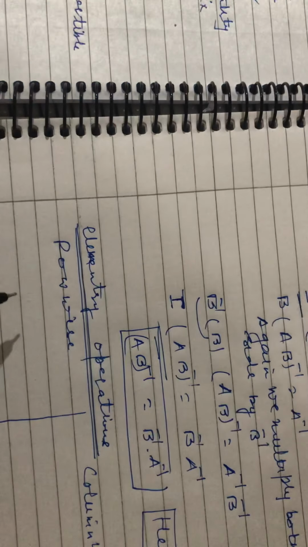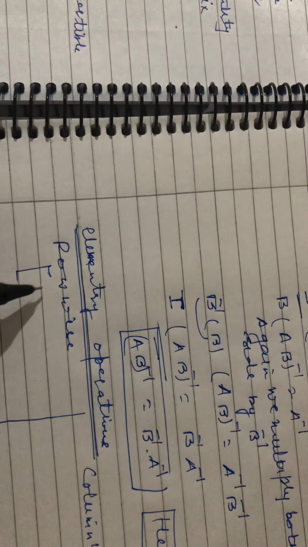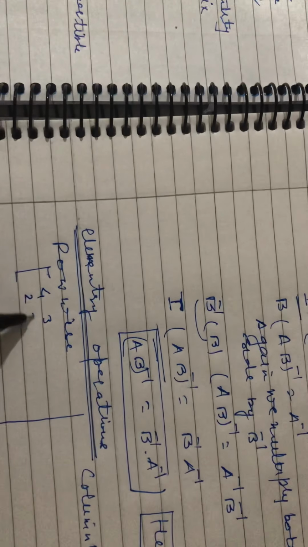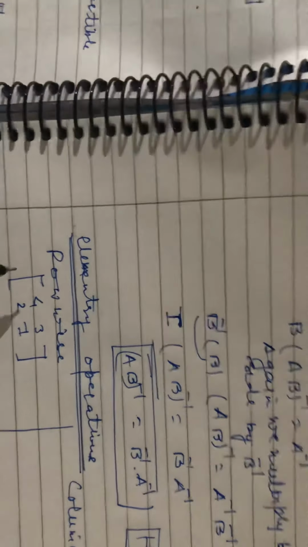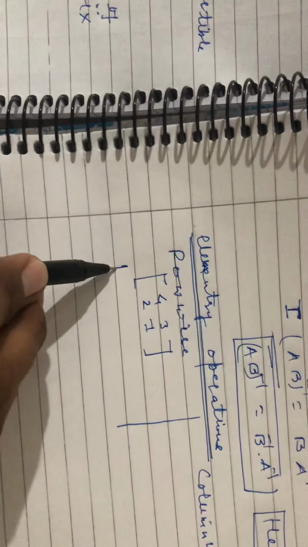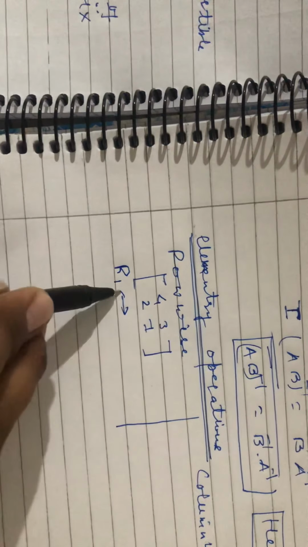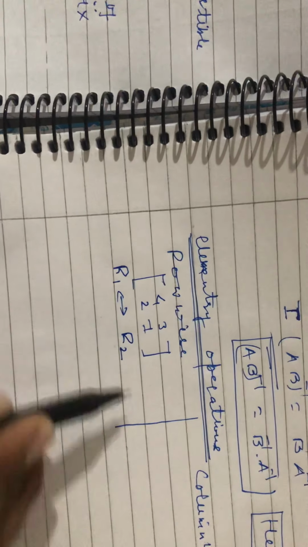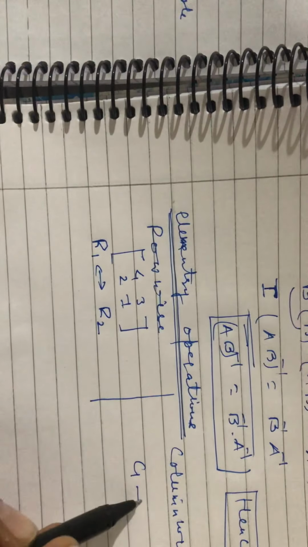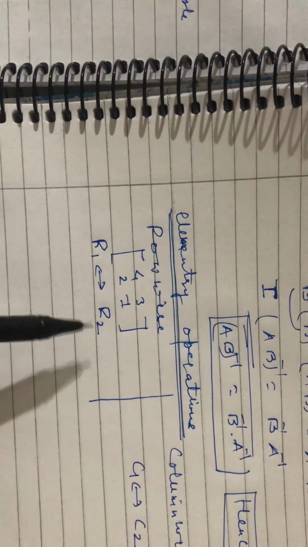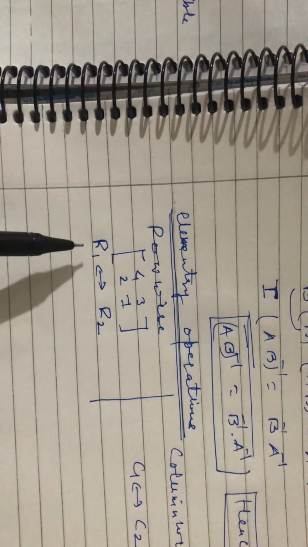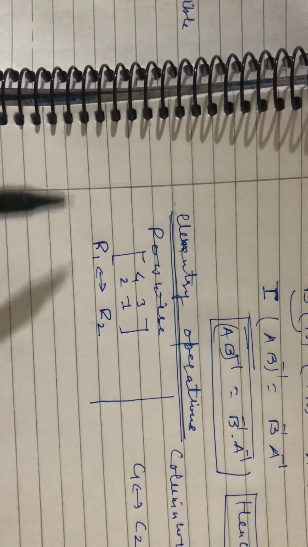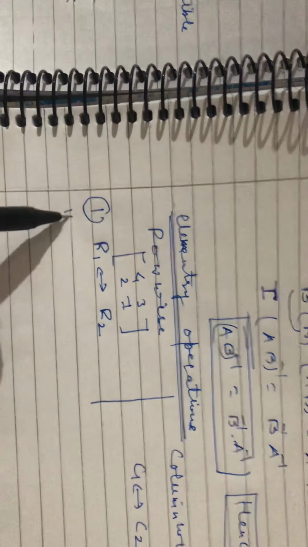Suppose we have a matrix. Then we can interchange rows: R1 can interchange with R2, and the same with columns, C1 with C2 and C2 with C1, and R1 with R2 and R2 with R1. This is rule number 1.